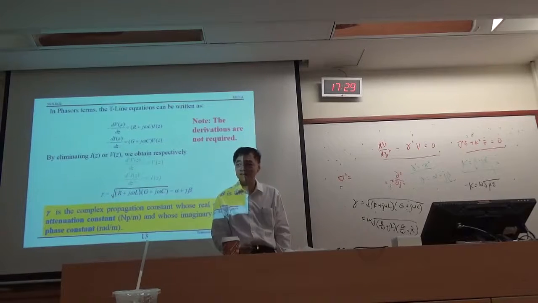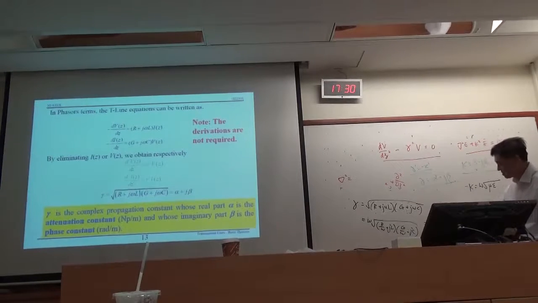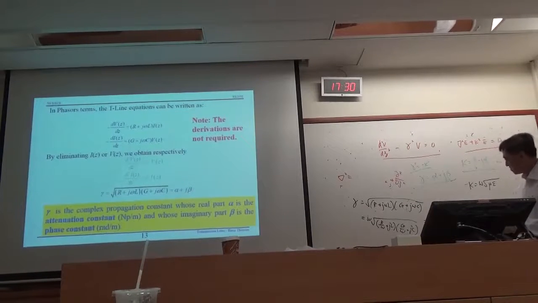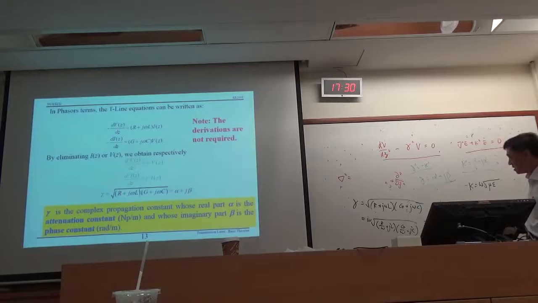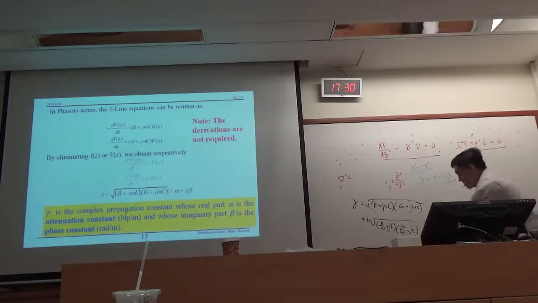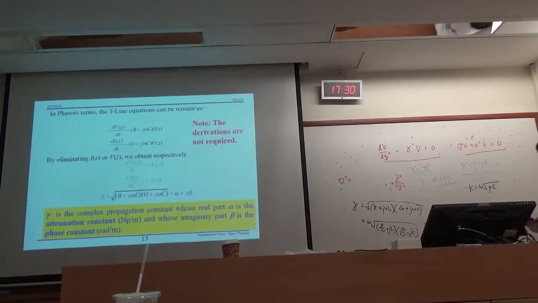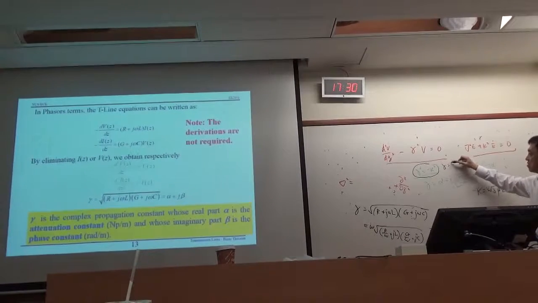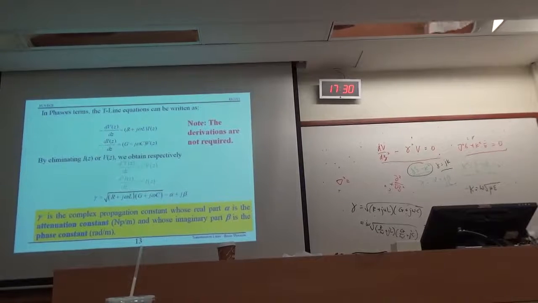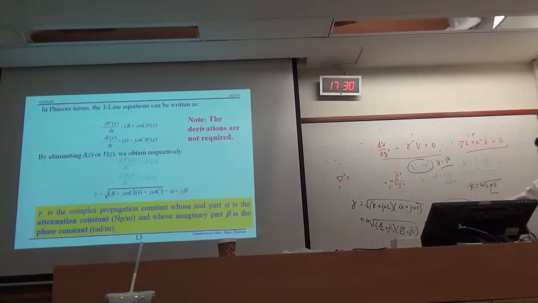If I bring out the j, it becomes j omega times (L minus R j over omega)(C minus G j over omega), no, plus. Bring the j out. If I bring my j out straight away, I say that gamma is equal to jk. So this one here, isn't it the same as the k? Instead of mu epsilon, I have this one.